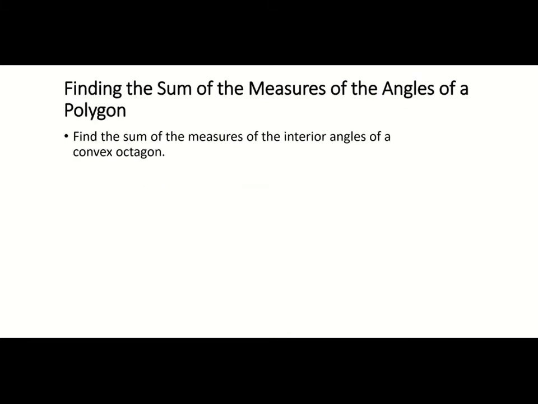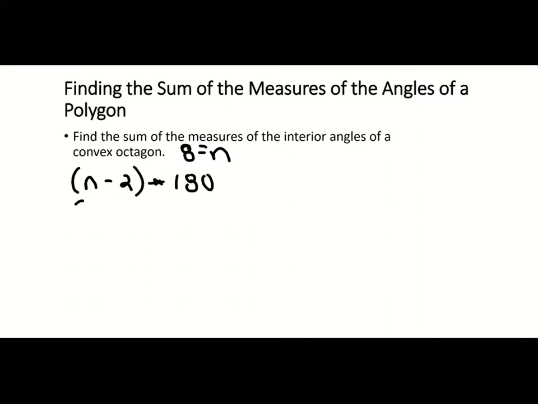All right, here they want us to find the sum of the measures of the interior angles of a convex octagon. So if you recall, an octagon has 8 sides. So n is going to be 8. And to find my sum of interior angles, it's going to be n minus 2 times 180.